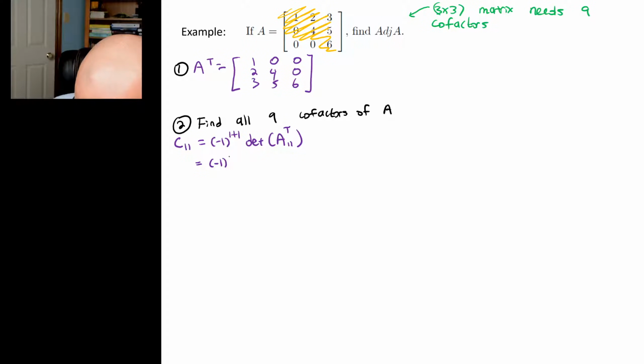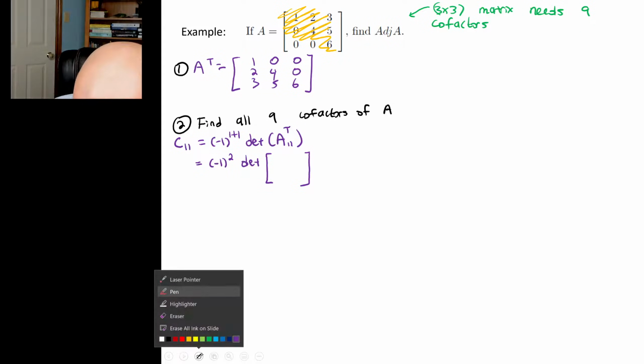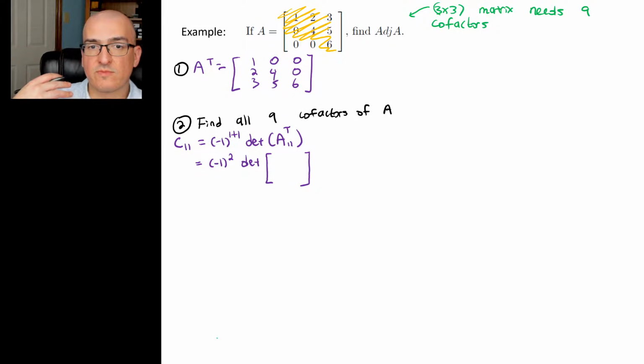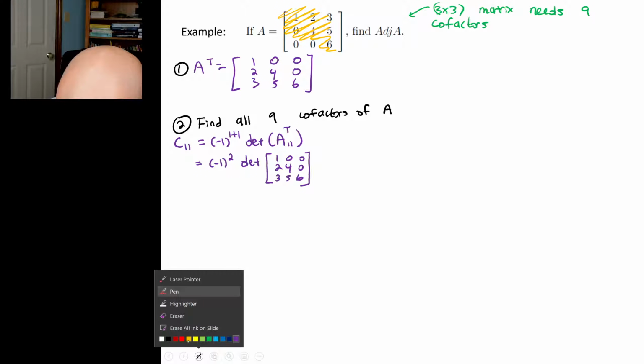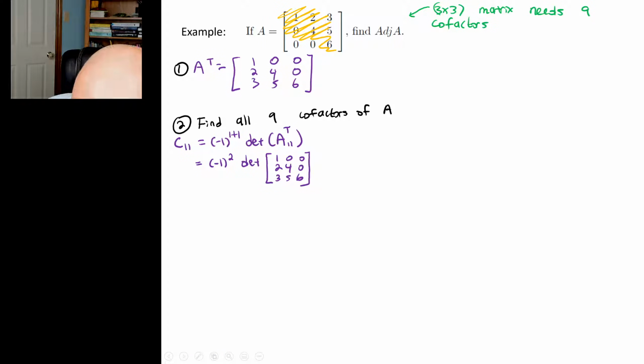So that'll be negative 1 squared times the determinant of, I'm going to put the whole matrix there. 1, 0, 0, 2, 4, 0, 3, 5, 6, and then cross out what I need to cross out. So I'm going to cross out row 1, I'm going to cross out column 1.